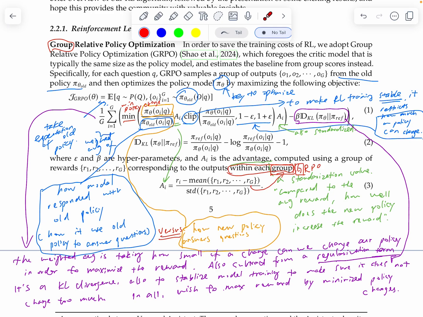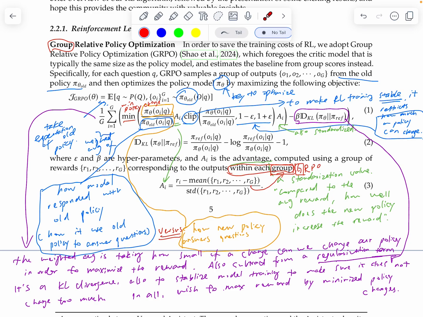This fraction is multiplied by AI, which is called the advantage function. This AI is some new work in this GRPO.